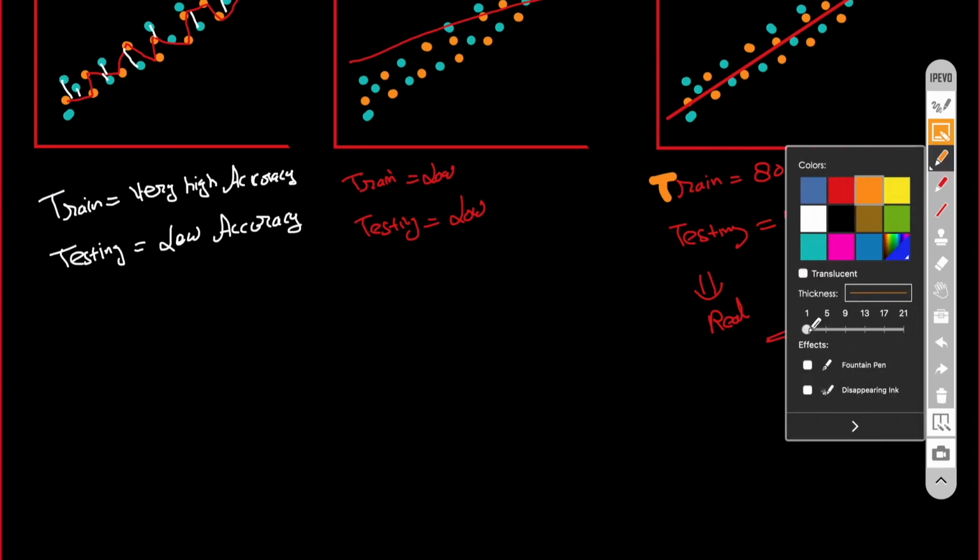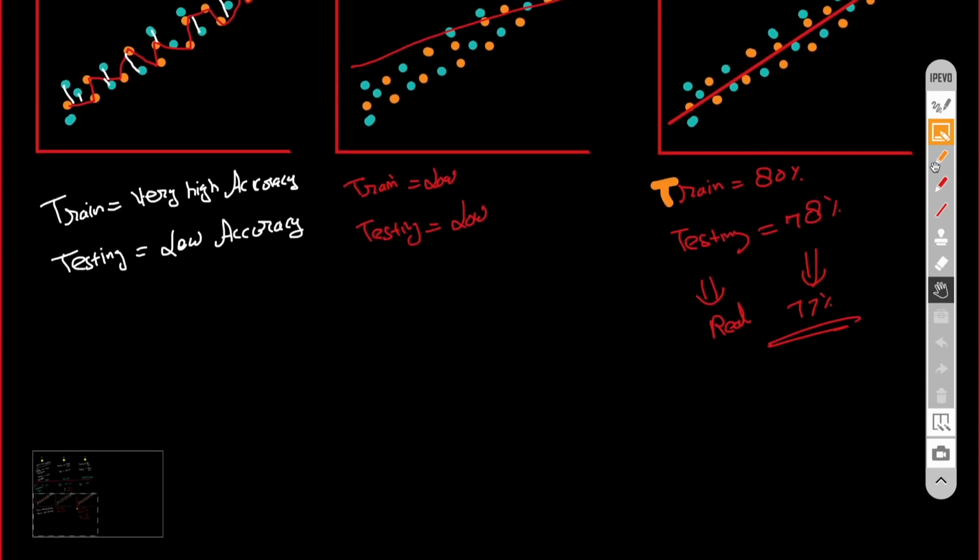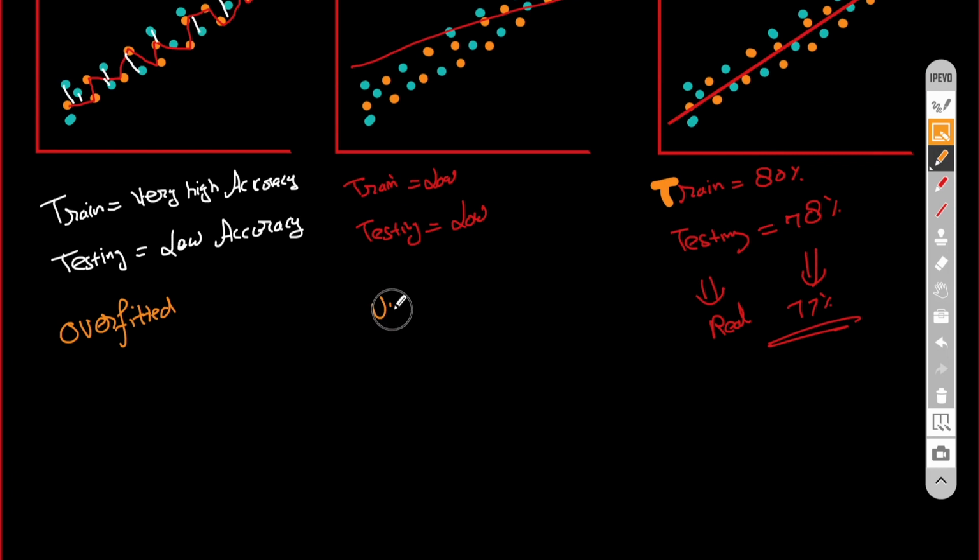Now, what do I call these kinds of students? These are the people who are overfitted. These are the people who are underfitted. And these are the people who are just right, or you can say balanced.